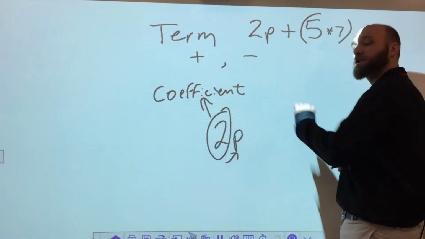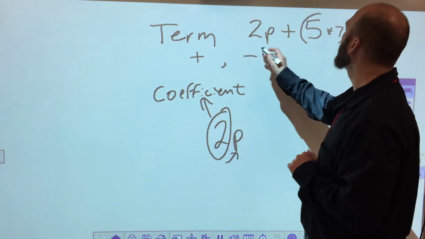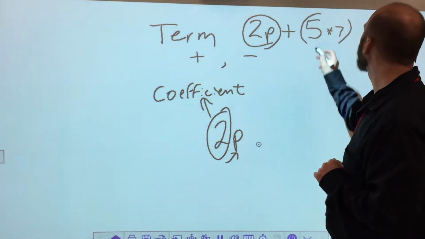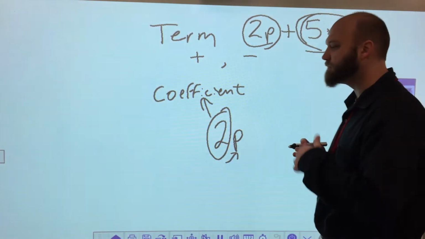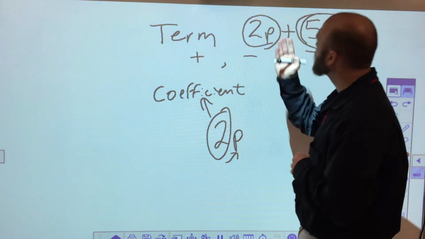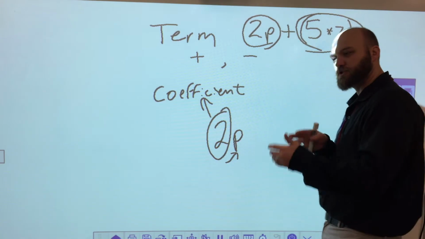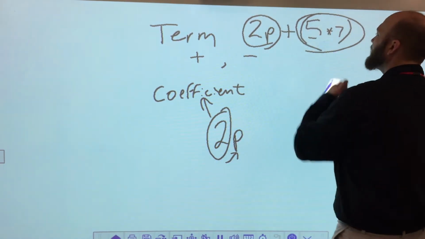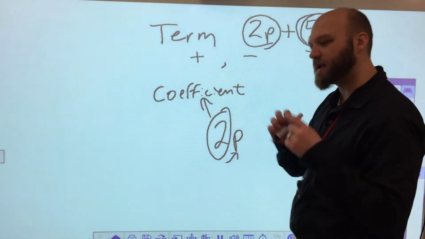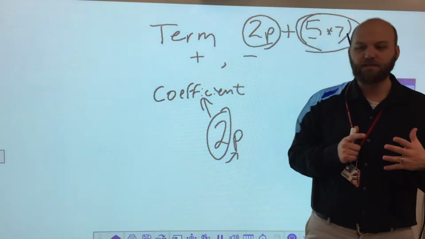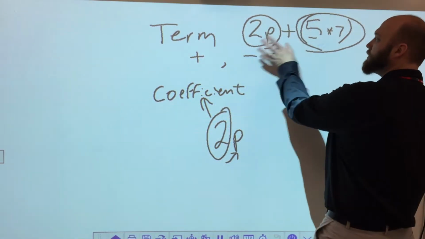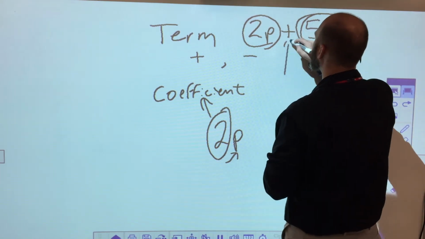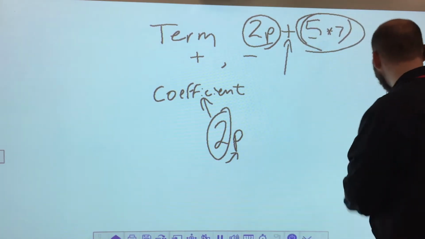So my terms in this problem would be 2p and 5 times 7, or the product of 5 and 7, is how I would more efficiently say it. So 2p, the coefficient 2 with the variable p, and the product of 5 and 7. So when they ask me what the terms are, I understand that each term is a part of my expression that is separated by a plus or a minus sign.